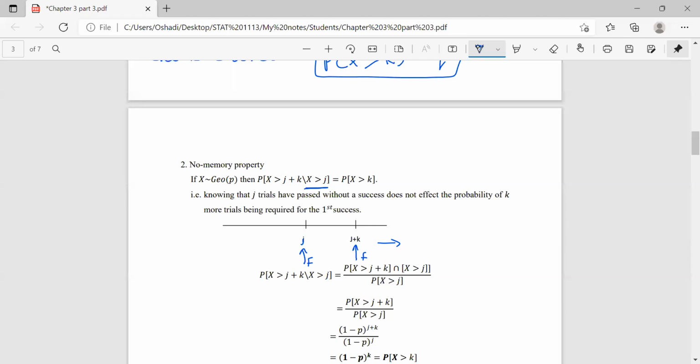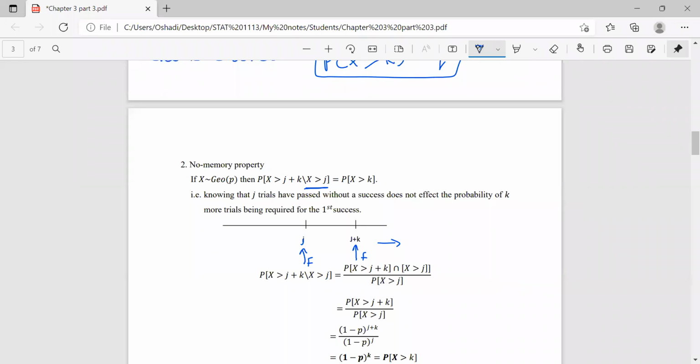Right? So given that the Jth trial is also a failure, what is the probability that up to the J plus K trial there is no first success? It is equal to the probability that the first success occurs after the Kth trial. That is an important result.